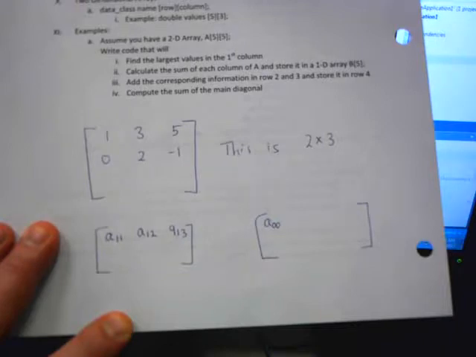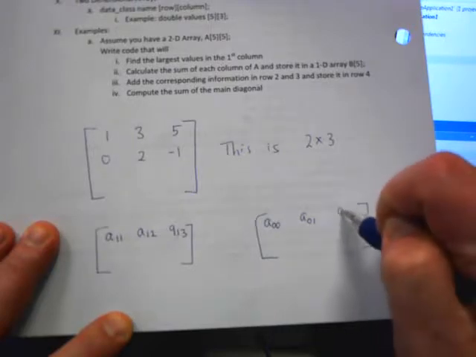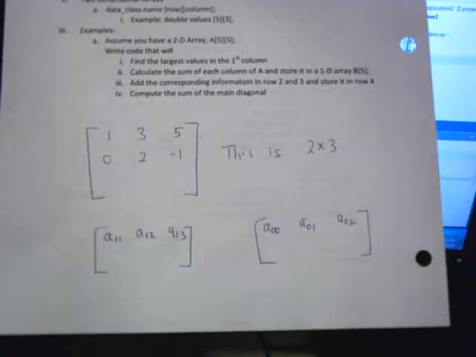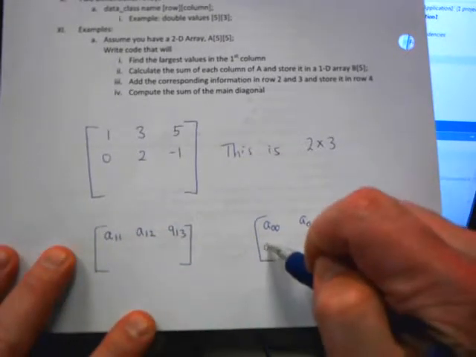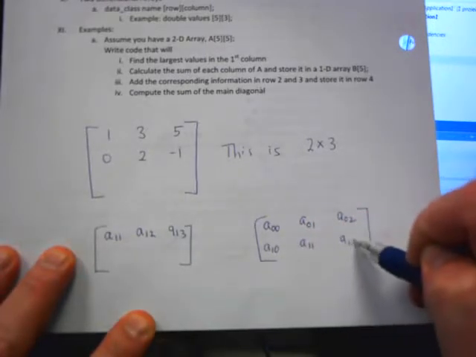The upper left-hand corner is the spot A00. What's the next one? A01 and A02. So same deal with a 2x2 matrix. Indices always start at 0 still. So this next one would be A10, A11, and A12.